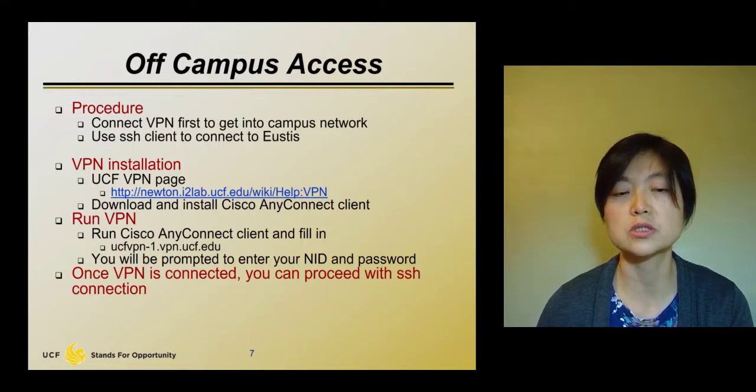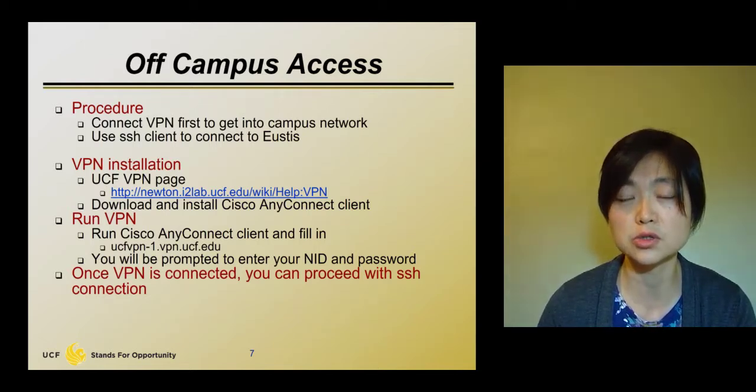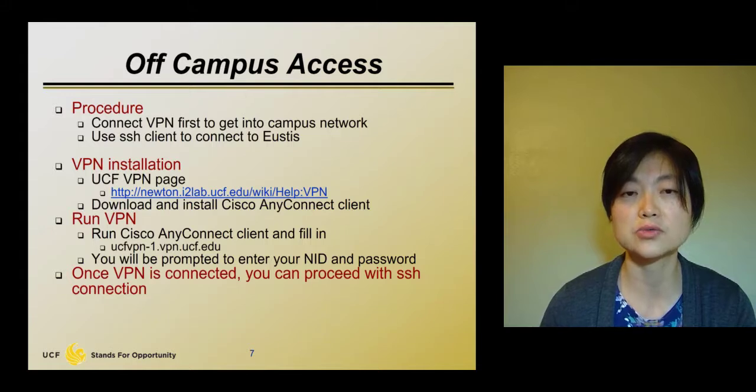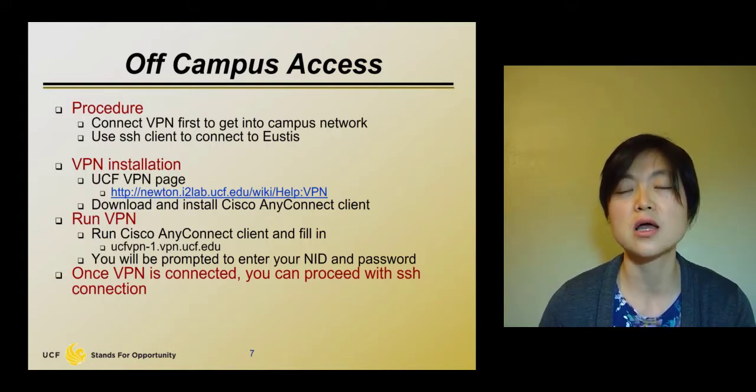Then you can just proceed with your normal SSH connection, meaning you open an SSH client and connect to Eustis. Again there you will have to enter your NID and NID password.